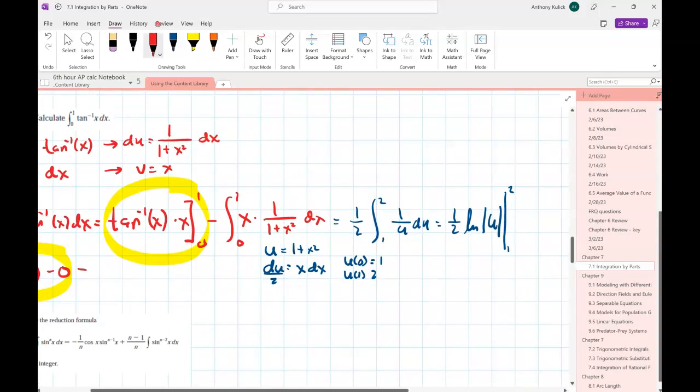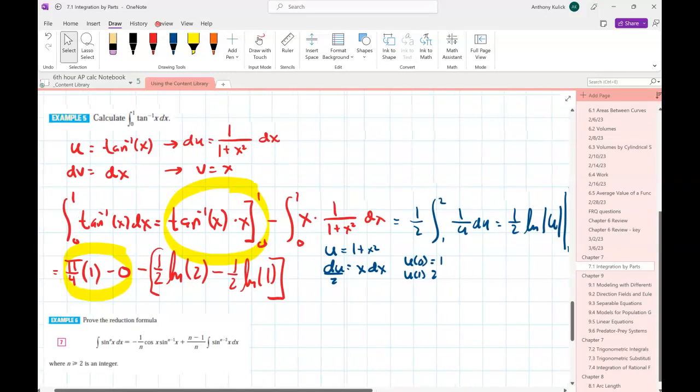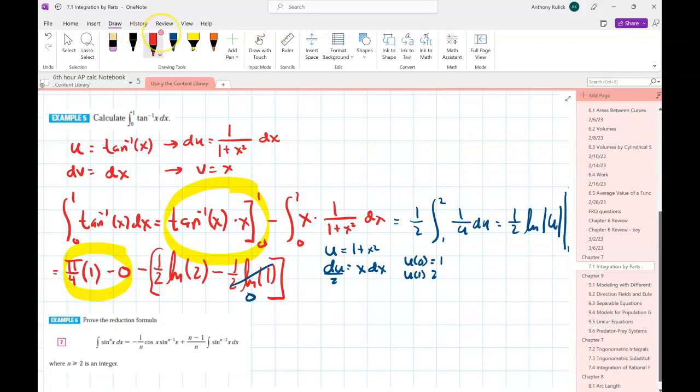So this is going to be minus 1/2 the natural log of 2 minus 1/2 natural log of 1. Remind me again, what's the natural log of 1? 0. So this just becomes pi over 4 minus 1/2 natural log 2.